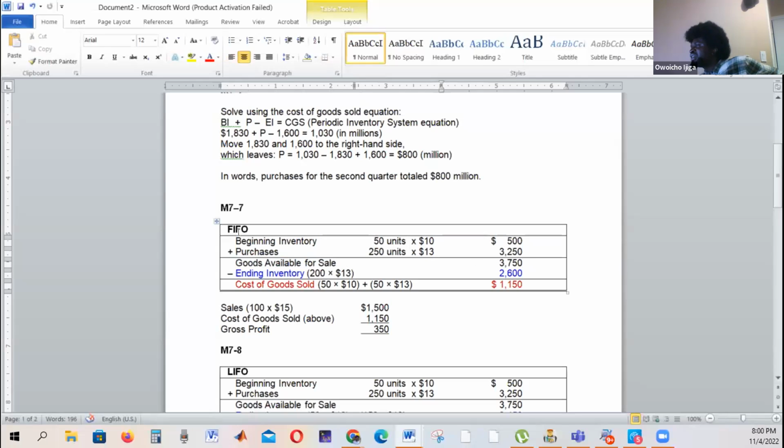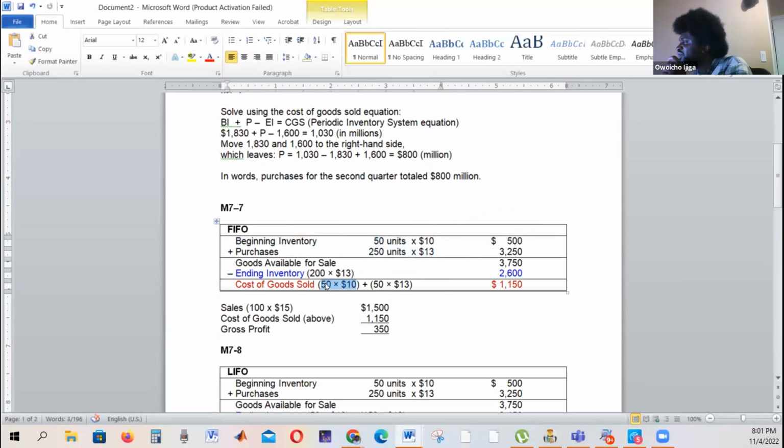Now, FIFO says first in, first out. That means the beginning inventory, you sell them first. You sell 50 units of the Gatorade, and then you sell another 50 out of this 250 that cost you $13. That's why you're seeing 50 times 50.